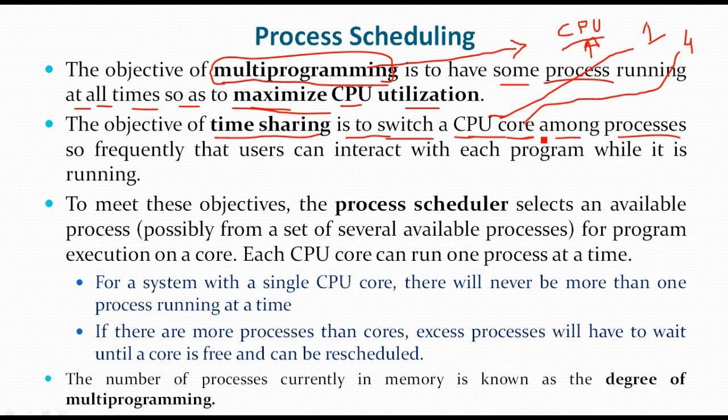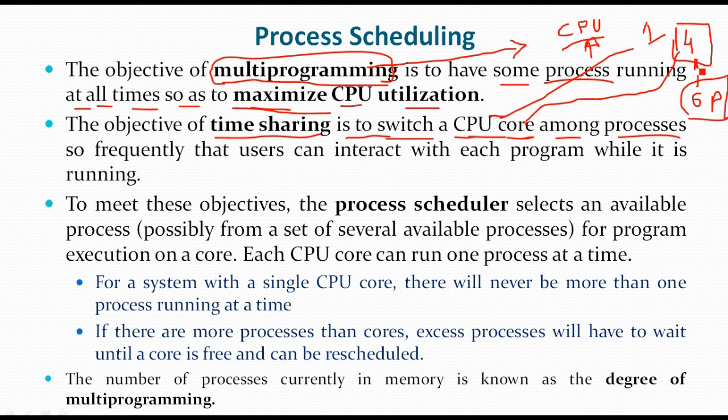Means there are 4 cores, and if I have more than one process, assume that I have 6 processes, 6P. What I can do is assign all these 6 processes to the CPU.